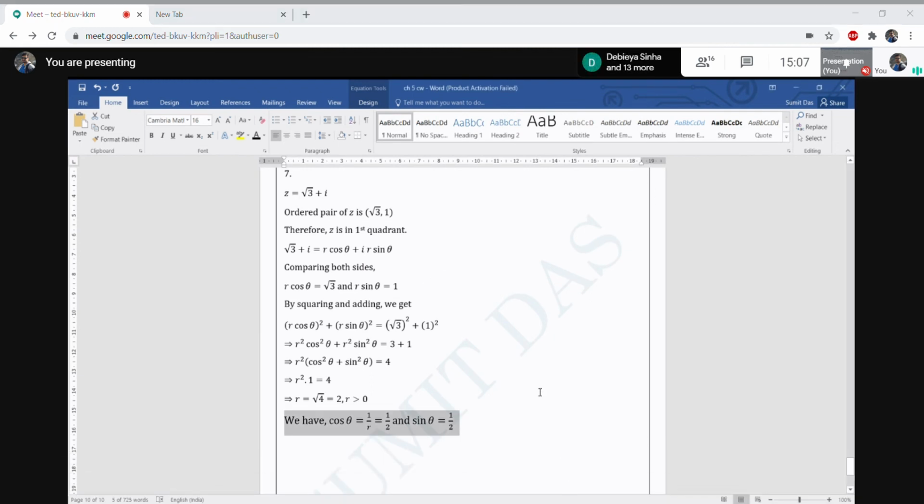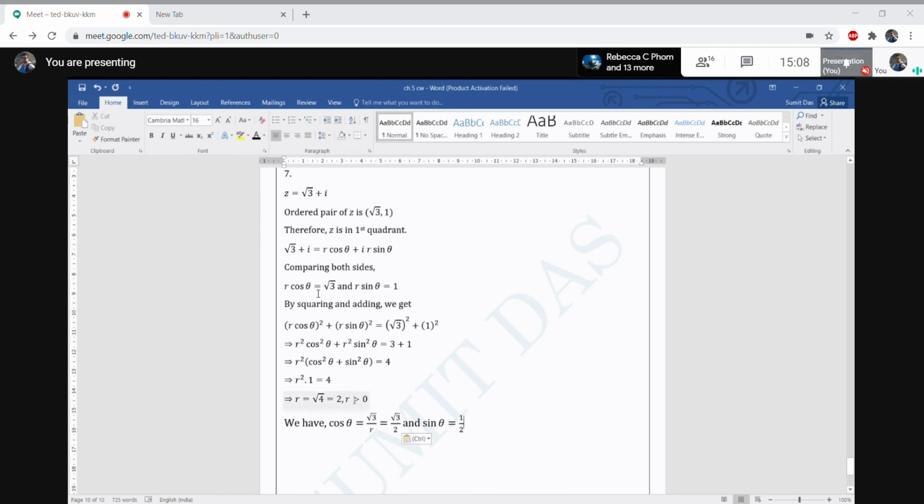Okay, then we find out the value of r, which is 2, and we know that cos theta equals something by r. Okay, cos theta here will be root 3 by r, not 1. Because look, r cos theta equals root 3, so cos theta equals root 3 by r, which is root 3 by 2, and here r sin theta equals 1, so sin theta equals 1 by 2.